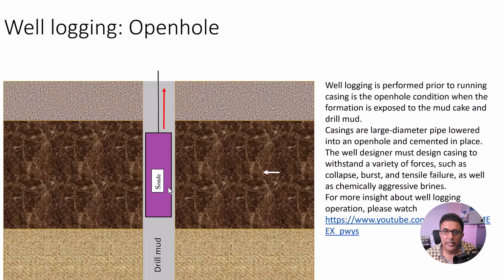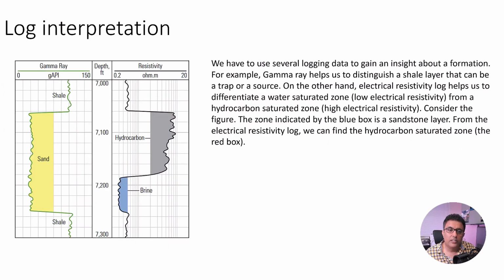For example, we may have a sonde that measures the gamma ray emission from the rock. We may have a sonde that measures the resistivity of the rocks, and so on. One of the most important things that we should know is that using this data, called well logging data, we are able to obtain detailed information about the subsurface.